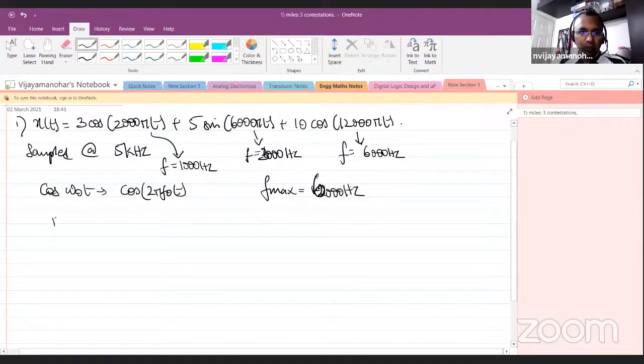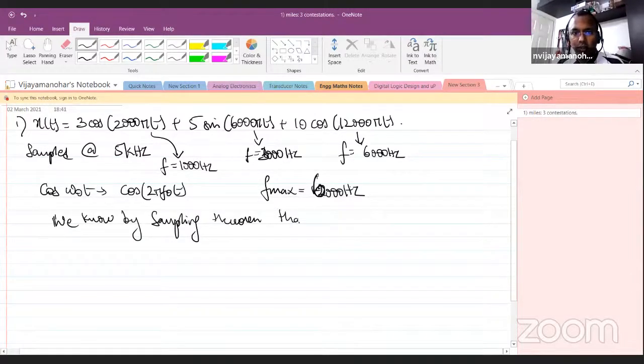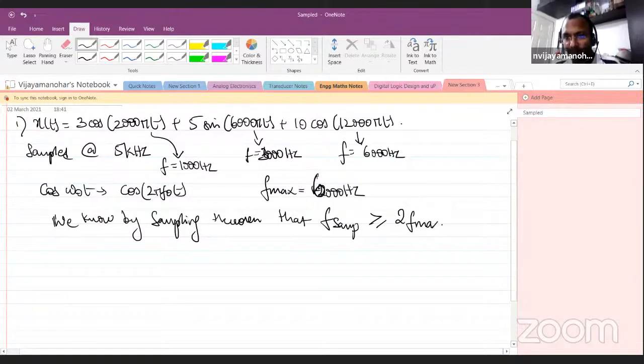And we know by the sampling theorem that f sample should be greater than or equal to 2 f max.